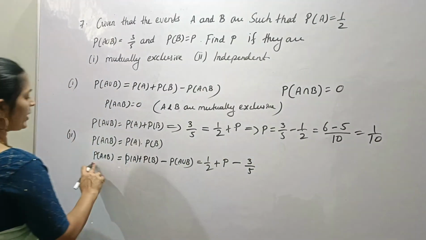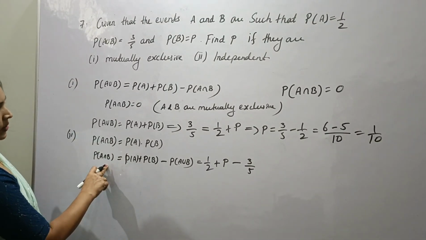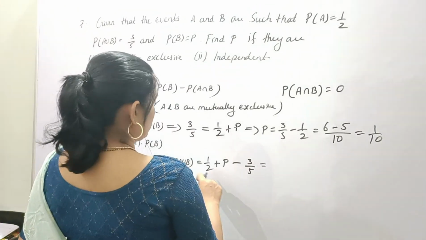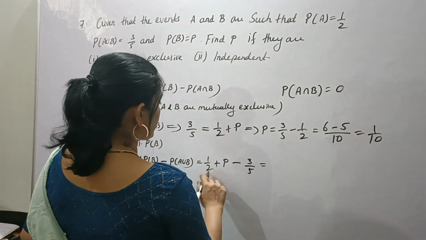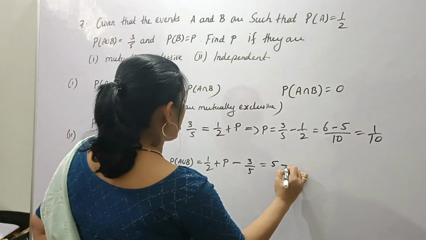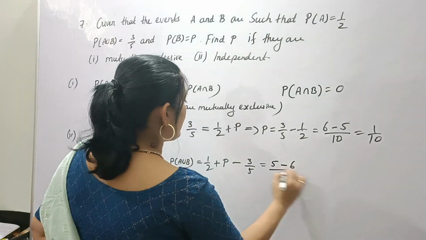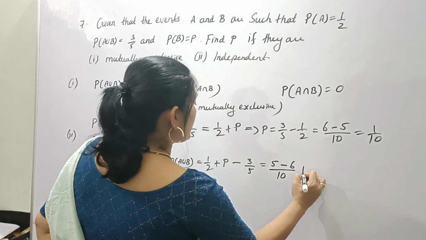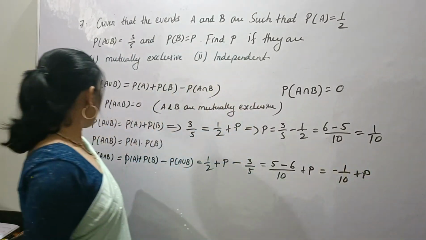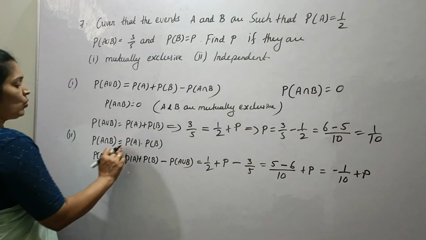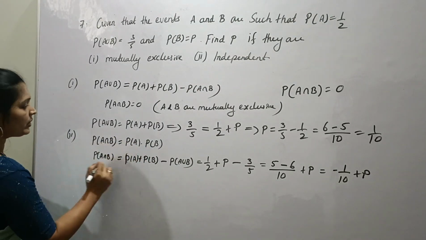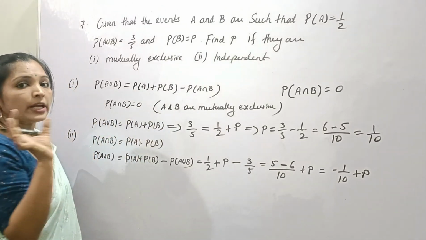So, here what is probability of A intersection B? Taking the LCM of these two terms, 5 minus 6 divided by 10, plus P, that is equal to minus 1 by 10 plus P. It is probability of A intersection B. Now, let's find probability of A into probability of B. Here it is given these two events are independent.